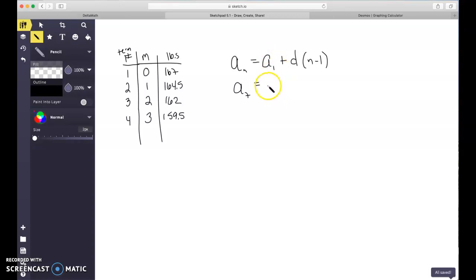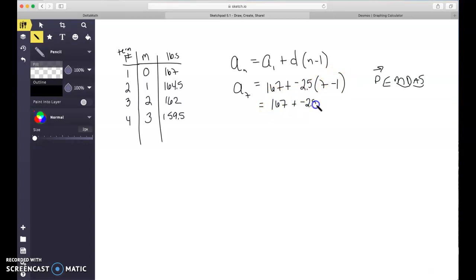Our first term is 167. Our common difference is negative 2.5. And then we're going to plug in our 7 minus 1. So following order of operations from this point forward to simplify, we're going to do what's inside our parentheses first, 7 minus 1, which gives us 6.